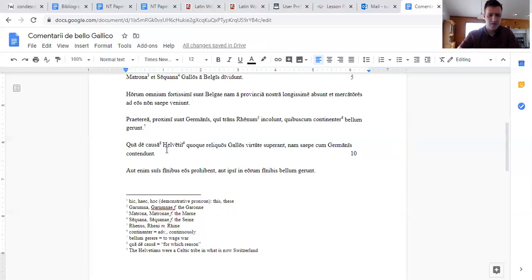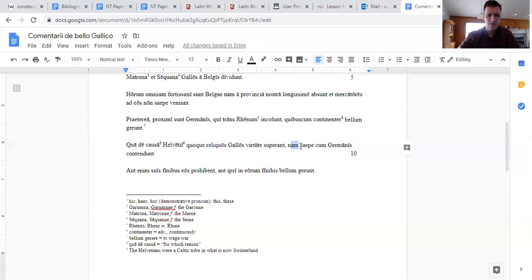So because of that reason, the Helvetii quoque, also, superant, they overcome, present third plural, overcome reliquos Gallos, the remaining Gauls, virtute, with virtue, I'd say by means of virtue.